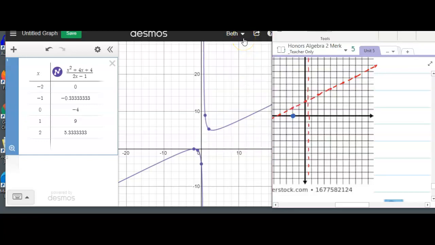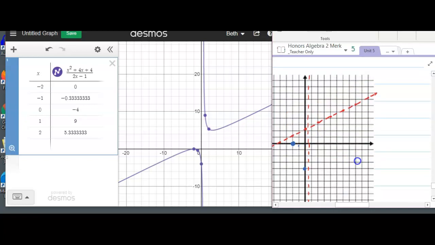Okay, we want the point negative 1, negative 1/3. Should be here. 0, negative 4 is on our graph. 1, 9 is on our graph. The point 2, 5 and 1/3 is also on our graph. Should be about here. It's just a little bit past 5.